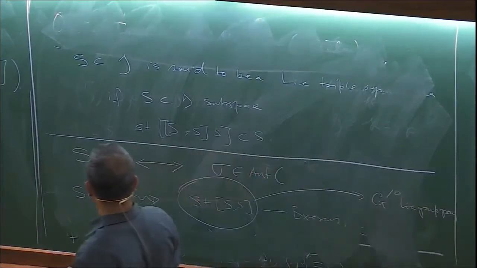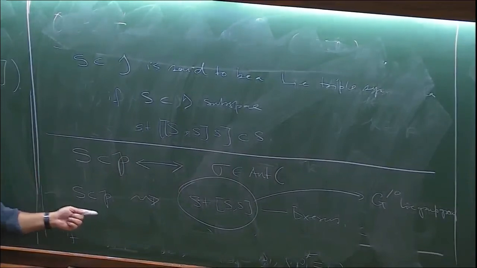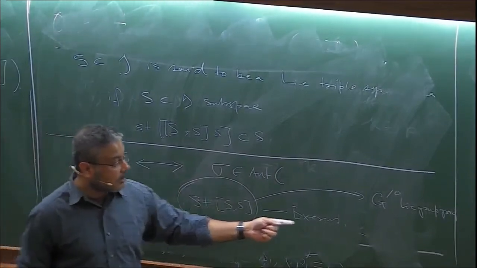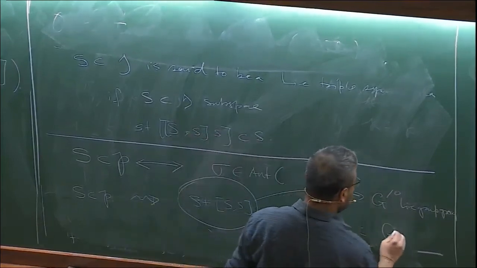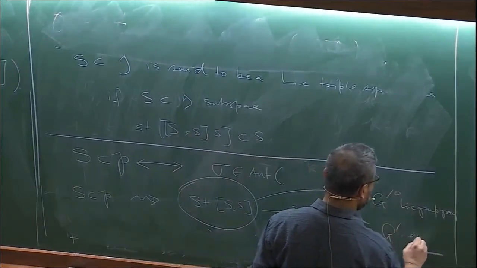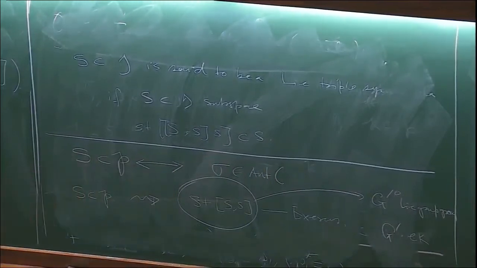Of course, since sigma is acting by -1, sigma keeps this subalgebra invariant. So sigma keeps this subgroup invariant. I take G' of e K, the orbit of G', that's going to be a totally geodesic submanifold. And every totally geodesic submanifold appears like this.